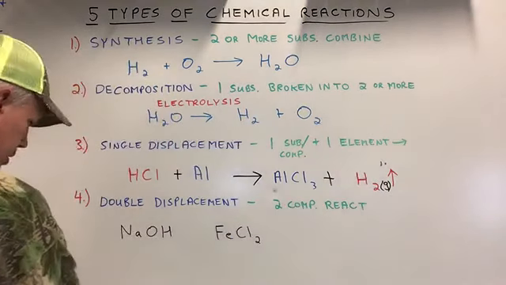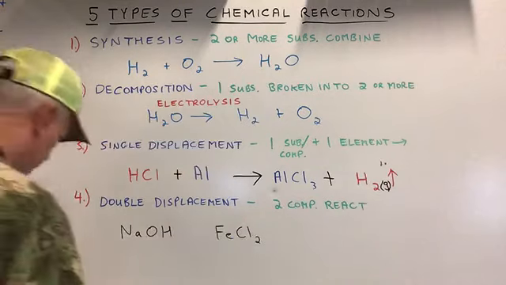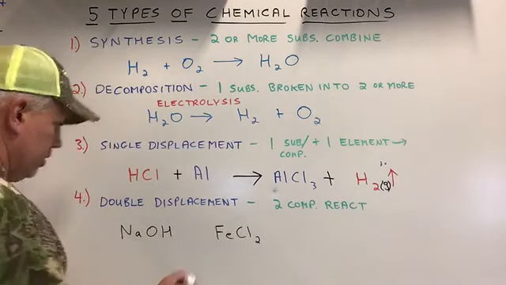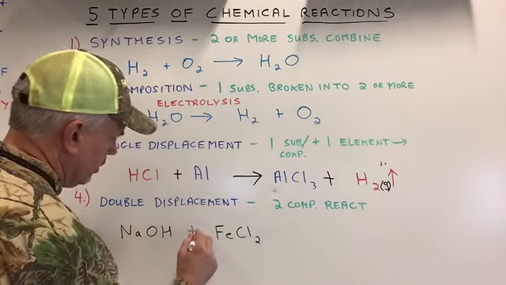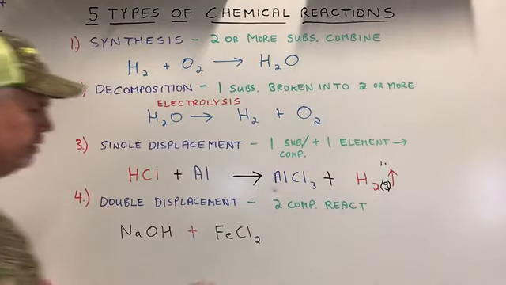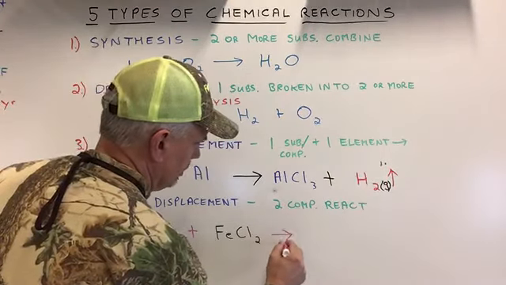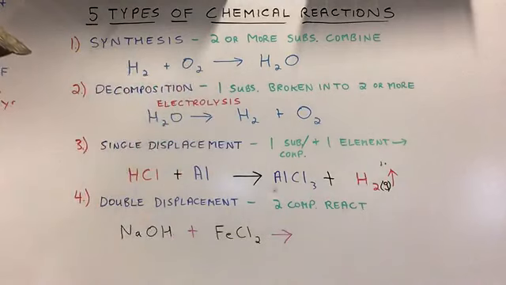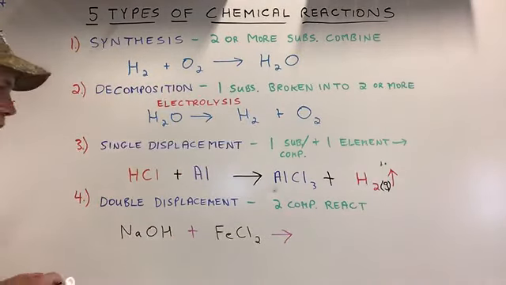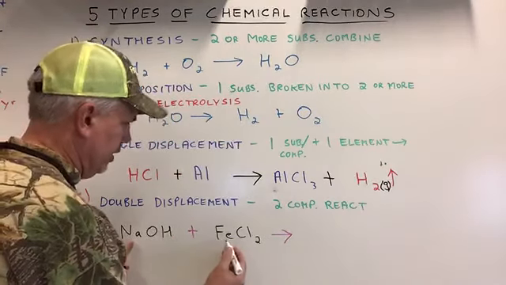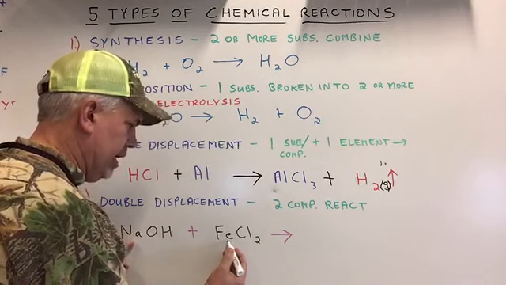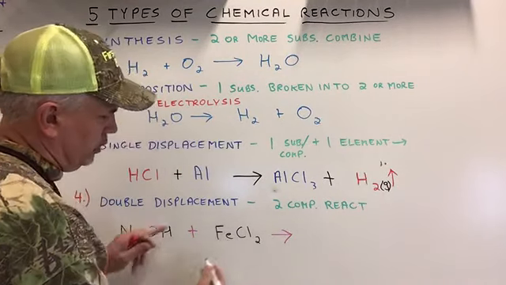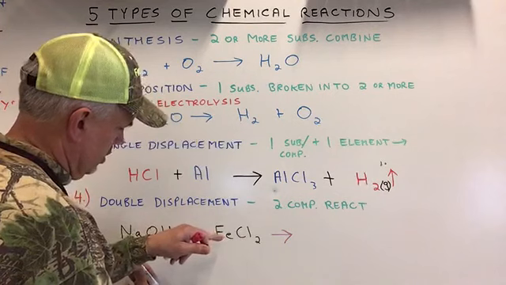Okay. And I think I'll do this one with this pink color here. Sodium hydroxide and iron chloride, and that's going to yield. Well, what's going to happen? Well, your two positive ions, the sodium and the iron, are really going to swap places, okay?